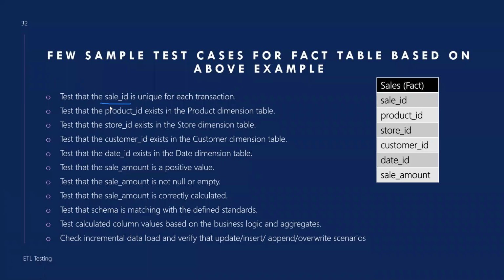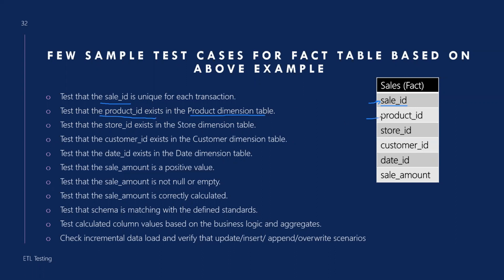So my test here is that I want to verify if the sales ID is unique or not. This is the sales ID column. First of all, I will check if this ID is unique or not, because for every transaction there should be a unique number. Now, test that the product ID exists in the product dimension table.